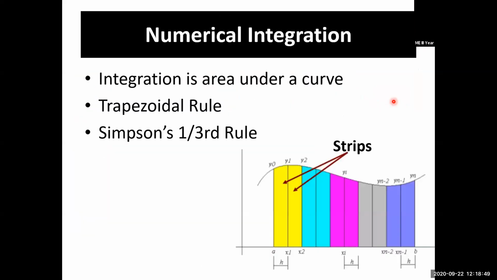Here, in the trapezoidal method, you are finding the area of one strip. Suppose I ask what will be the area of this line? Can anyone tell me the area of this line? Just see my cursor position. This line is nothing but the first strip.